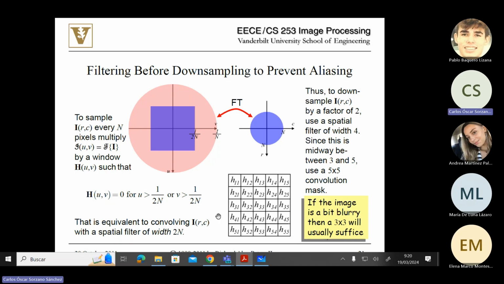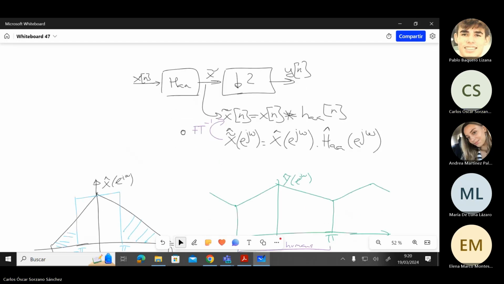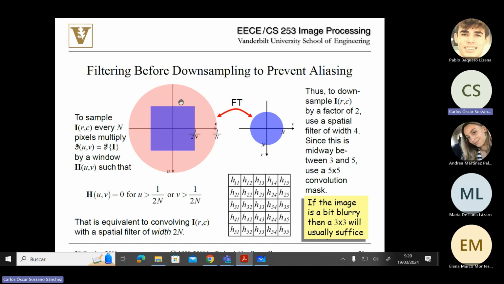So we have to design a kernel to do the anti-aliasing filter. Let's say that this is our large spectrum, and the purple window will be our anti-aliasing filter. You take this window to the inverse Fourier transform.